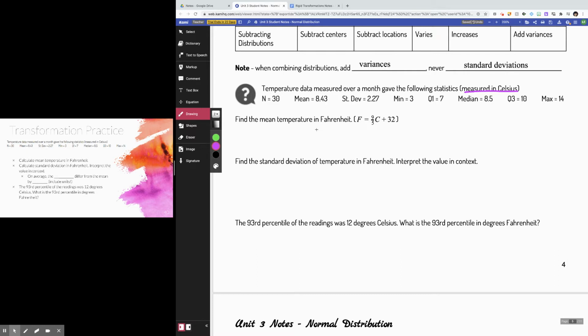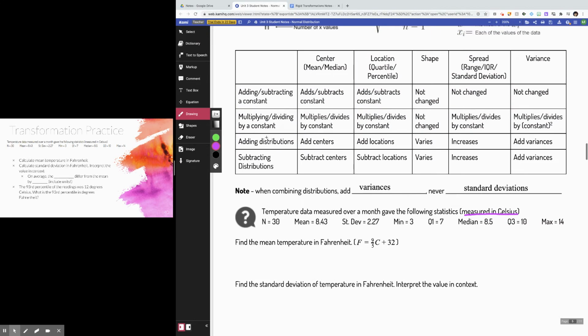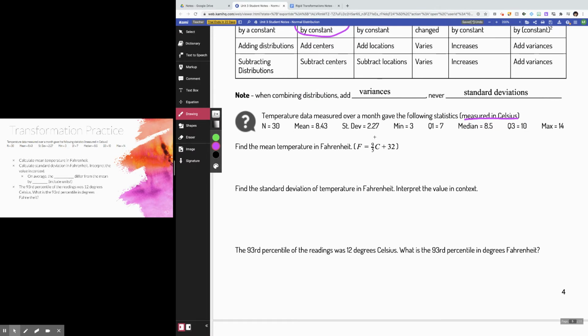So this says first to find the mean temperature in Fahrenheit. Okay, so remember that the mean is affected by both adding or subtracting a constant and multiplying or dividing. So both of these values, the 9/5 and the 32, are going to affect my new mean. So all I'm going to do here is say wherever I see a C, I'm going to plug in what my original mean was in Celsius to convert it to Fahrenheit.